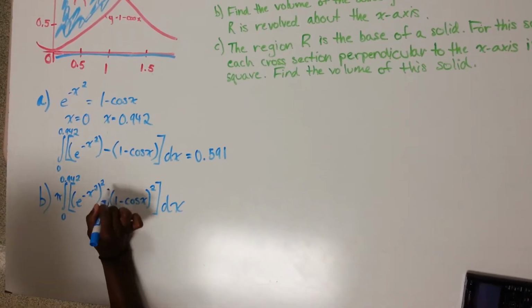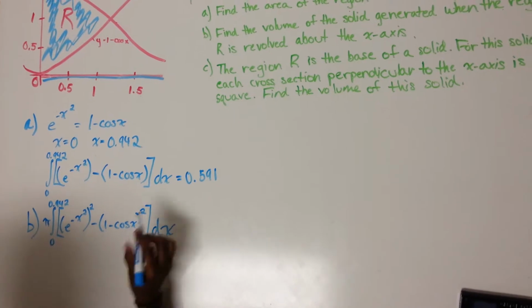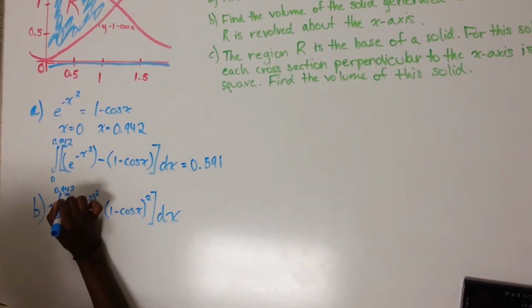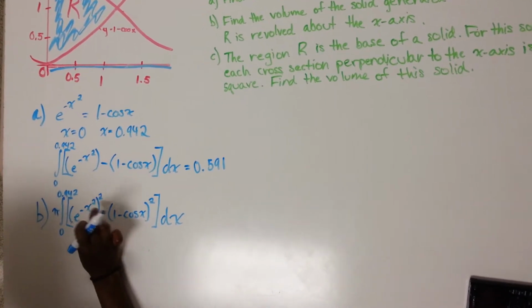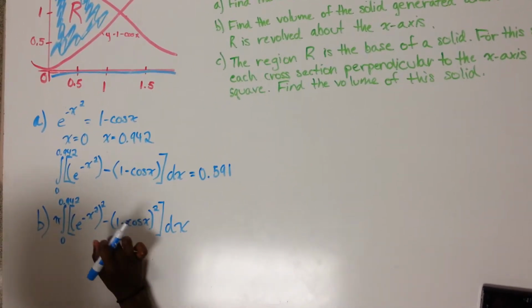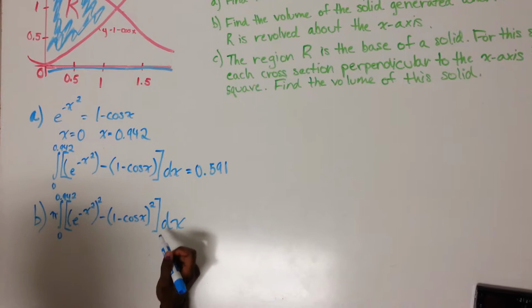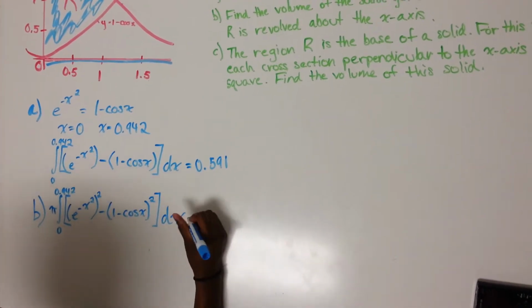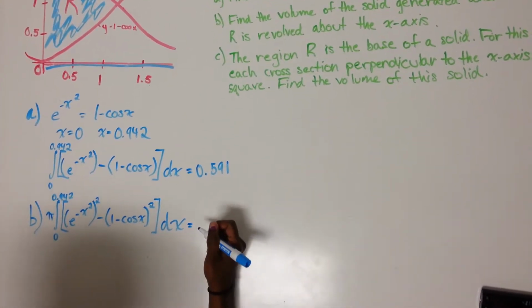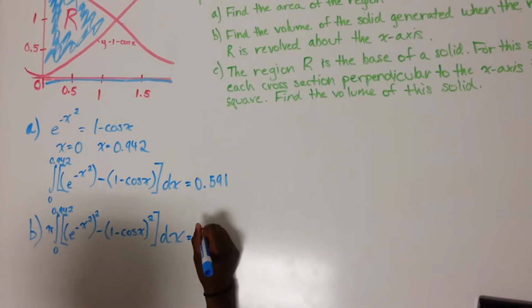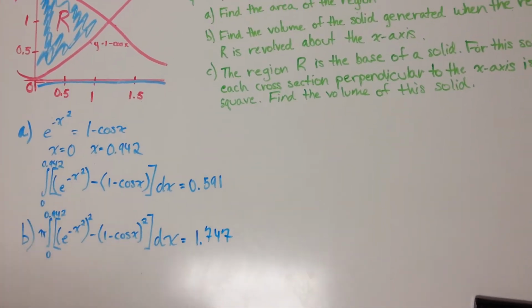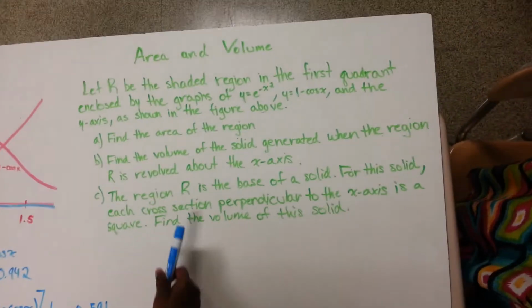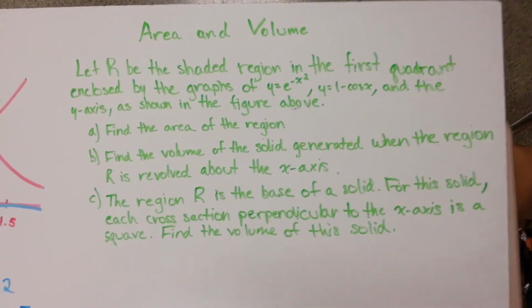So once you've squared each equation, you put parentheses around the whole expression. So you should have pi times the integral of (e to the negative x squared) squared minus (1 minus cosine x) squared dx. And when you put that into your calculator, your final answer should be 1.747.